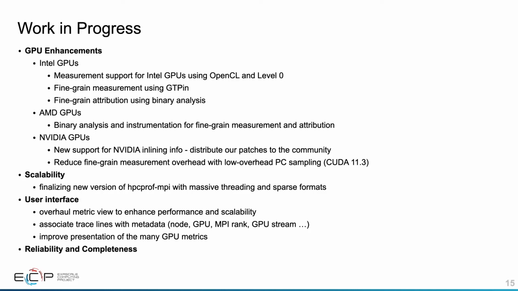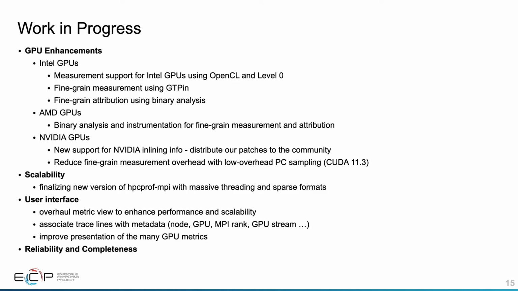GPU accelerated applications. On Intel GPUs, currently we have support for OpenCL and Level Zero. Our support for OpenCL is a little bit more full-featured, and we're trying to transition that support into Level Zero, which is Intel's planned premier runtime system. So currently, we're using GTPin for fine-grained measurement.